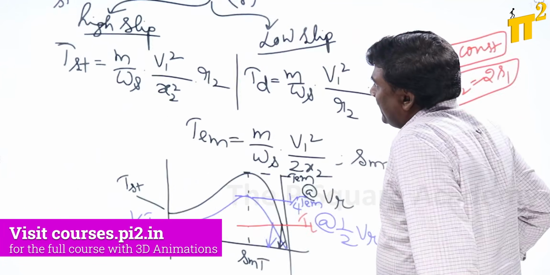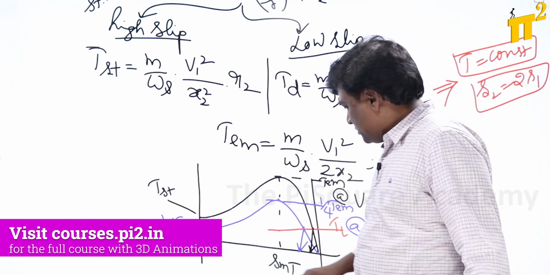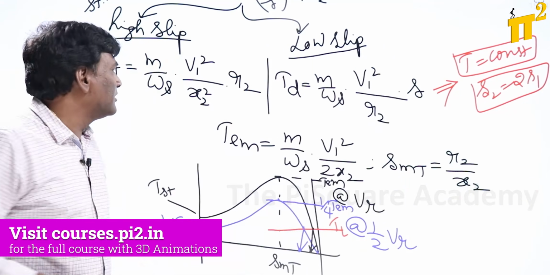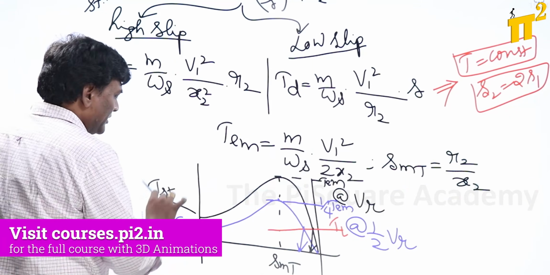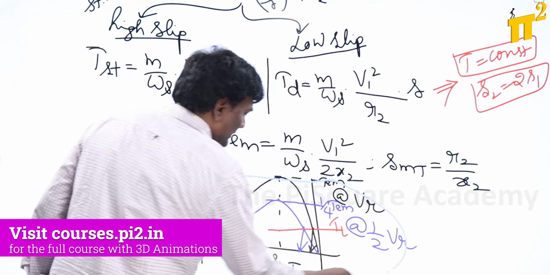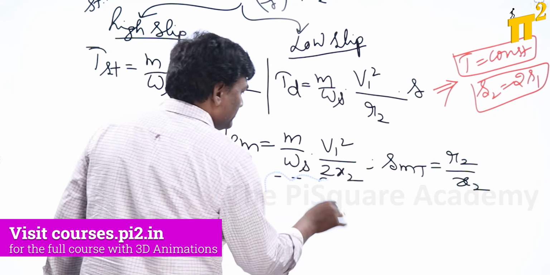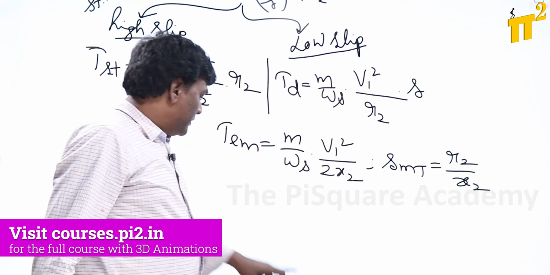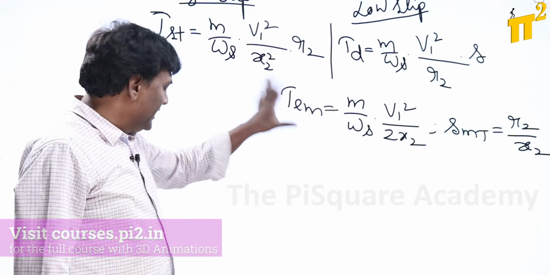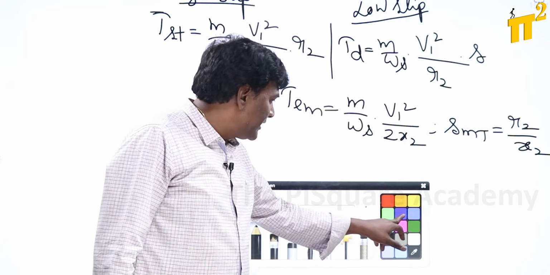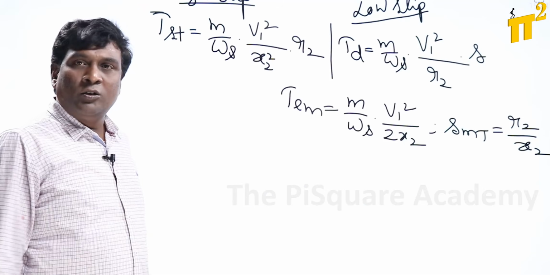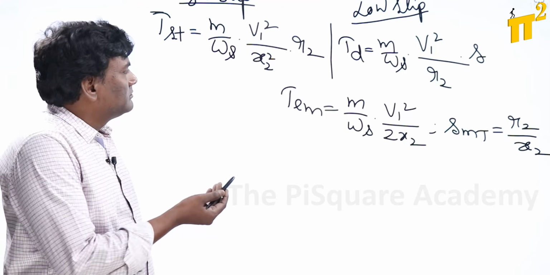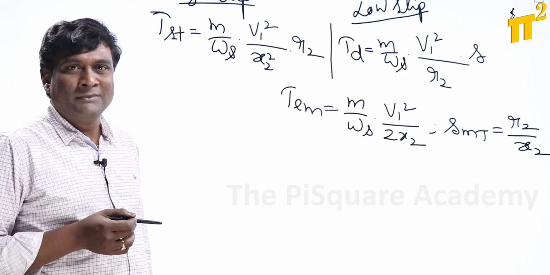Now I don't want to redraw the same. I'm going to use the same equations, but let me draw for the other things. The equations are the same. Now let us think of rotor resistance control.